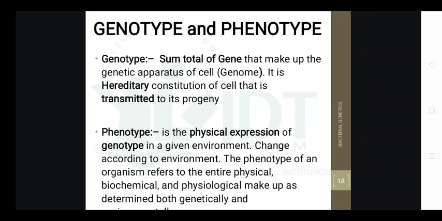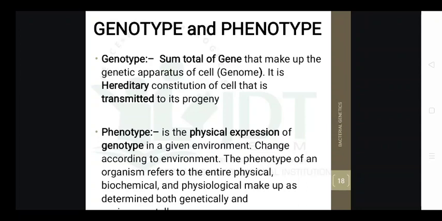What is genotype? It is the sum total of genes that make up the genetic apparatus of a cell, also known as the genome. There are two features for this genotype. These are the hereditary constitution of the cell. What is meant by that?